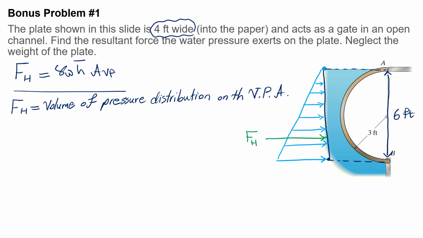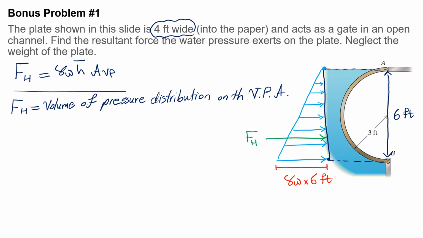So to calculate that volume, first we need to calculate the area of the triangle pressure distribution. Basically, we need to calculate the base of the triangle, and the base of the triangle represents pressure at that point, and pressure at that point would be gamma W times 6 feet.